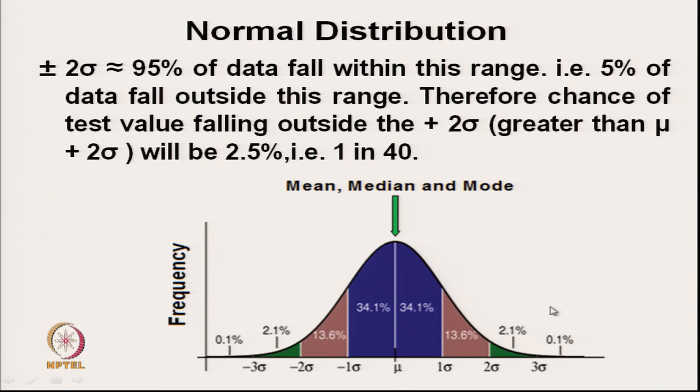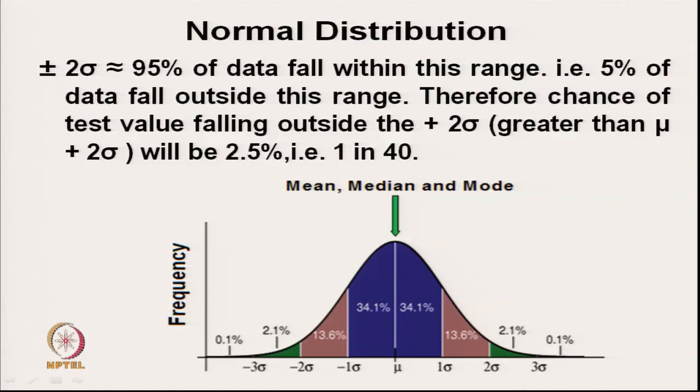The total is 5% of data falling outside this range. What does 2.5% mean? That means 1 in every 40 data is in the larger size range.